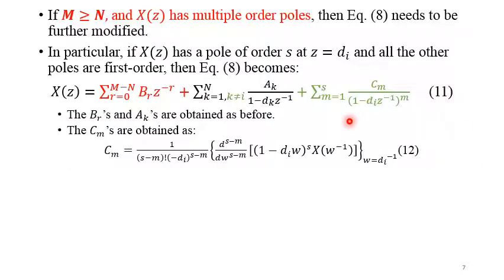We also have another condition, similar to the previous one, where the degree of the numerator is greater than the denominator, but X of z has multiple order poles.